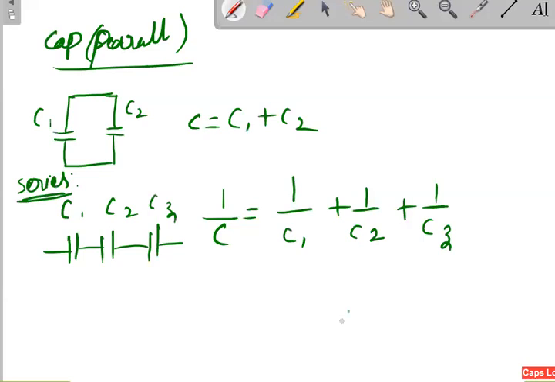Whenever you are in parallel, what will not change? The voltage will not change. Voltage of capacitor 1 is the same as the voltage of capacitor 2. Then what is the need of connecting these two in parallel? Each consists of some charge; they are connected in parallel, but effectively you have more charge.